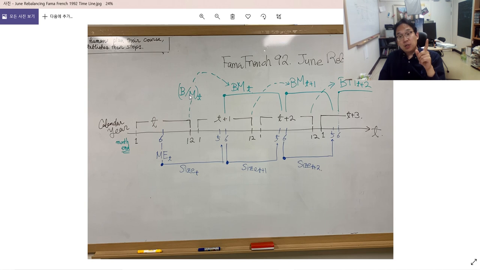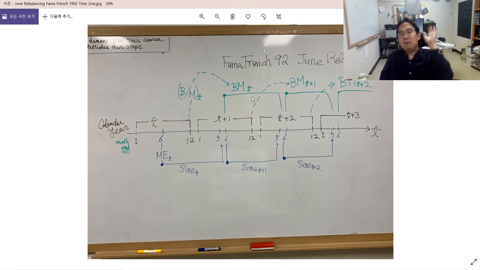2019's PB ratio at the end of December will be observable from June, so that you can rebalance your portfolio at the end of June based on the PB ratio of December 31st of the previous year. That book to market, just to flip the PB ratio, the inverse of it, as of 2019, starts to be valid from June of 2020, T+1.